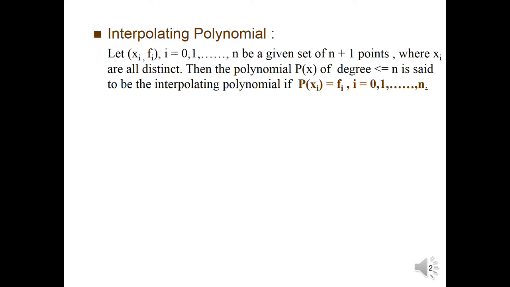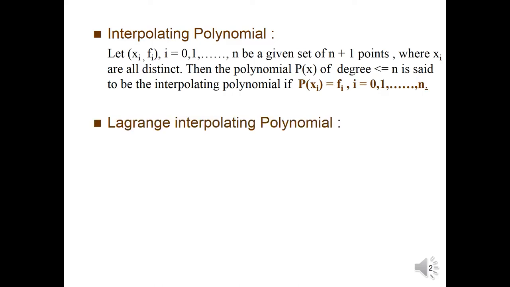Why do we need an interpolating polynomial? Basically we can find or interpolate the value of y for a particular value of x with the help of a formula, but sometimes we need an interpolating polynomial in terms of x. So for any particular value of x we can find the value of y with the help of the polynomial.